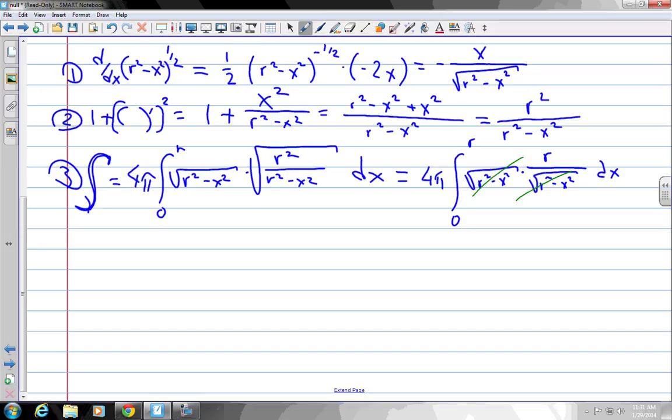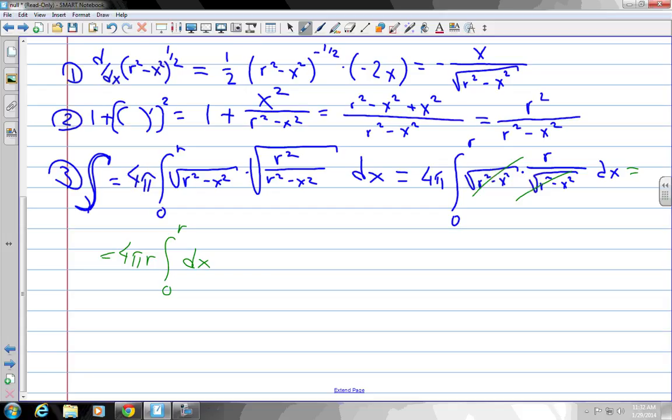R is a constant, I can pull that one out. So it is 4 pi r, and then the integral from 0 to r of dx.